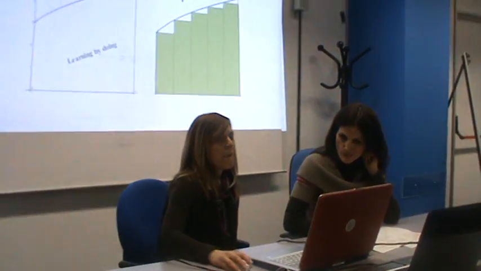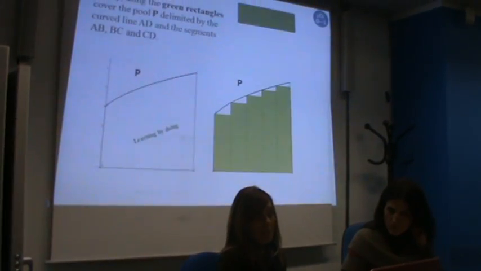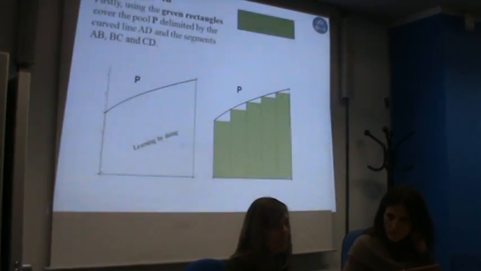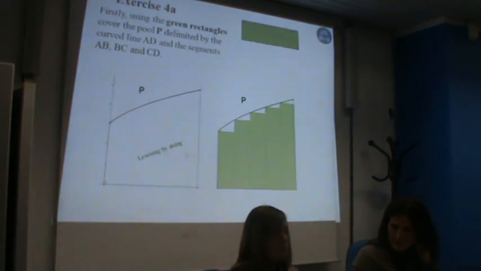And a better approximation is sometimes better than nothing. So we try to find a way to calculate the pool area this way. We give them a practical activity, so they can learn by doing.